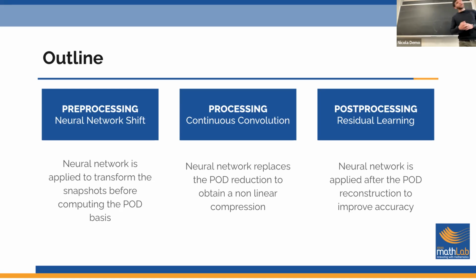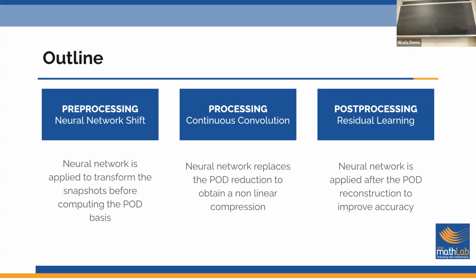In one way, we have a pre-processing step operated by a neural network in order to transform your snapshot before applying POD. In the middle pillar, we try to replace the POD with a convolutional filter that we implemented here at SISSA.